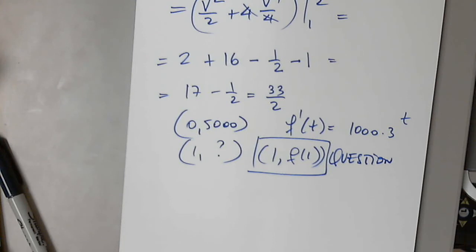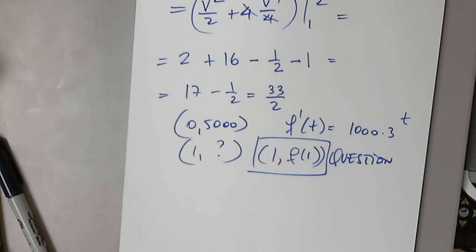So I am telling you find f of 1, and you should say, give me the function, and I will give you f of 1. But if I don't give you the function, you'll say, I can't. So we have the derivative. We will have to determine the function. It will have a constant in it. We will have to determine the constant given the point, and then at the end of the day, I will be able to give you f of 1. Does it make sense? Any questions?